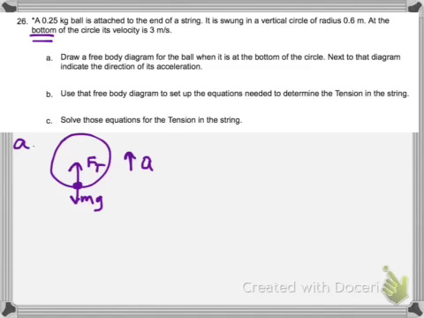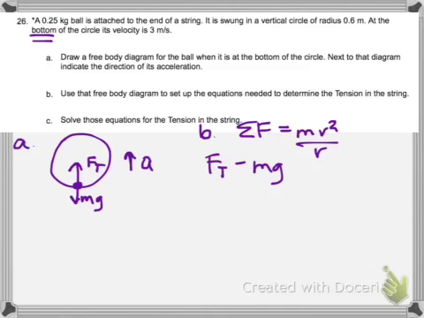For part B, again, they want us to set up the equation for tension. So again, we start off with our net force equaling mv squared over r. In this case, we have our force of tension minus our force of gravity, and that will equal mv squared over r.